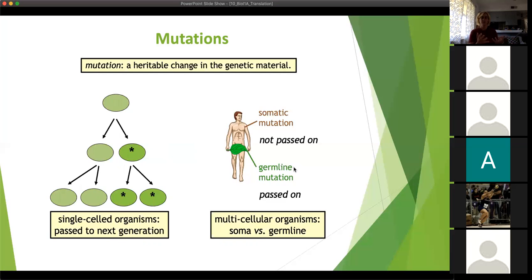Again, a mutation that occurs in a sperm or an egg. A somatic mutation, somatic means body cell, would not be passed on. So again, if somebody's a heavy smoker and they get mutations in their lung cells because of smoking, that is not passed on to their children. Skin cells, not passed on to the children. Only germline mutations would be passed to offspring.